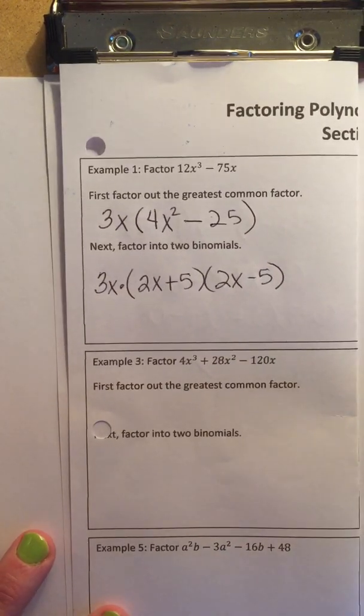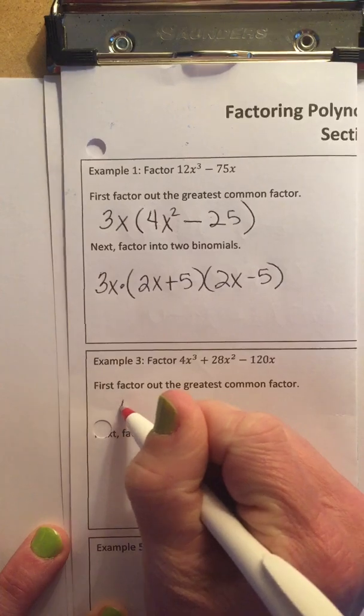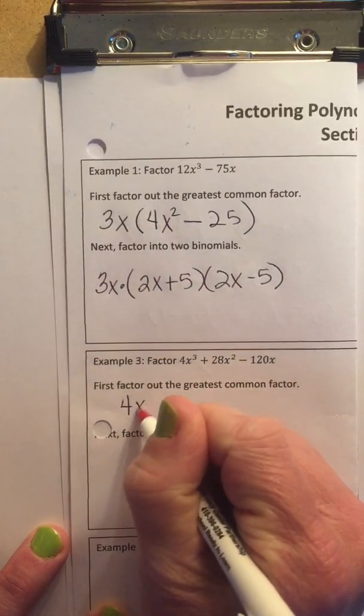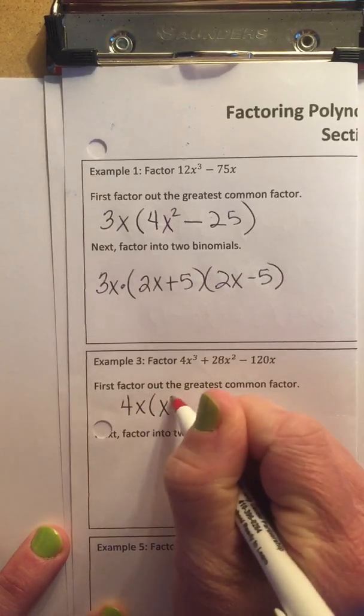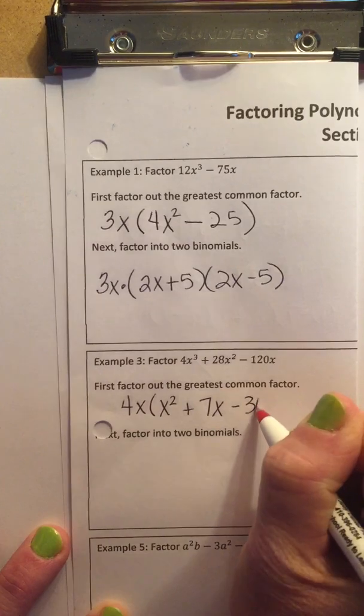Example 3, we're going to factor 4x cubed plus 28x squared minus 120x. The first thing we're going to do is factor out a 4 from each coefficient, and we can factor out an x from each term. X squared plus 7x minus 30.